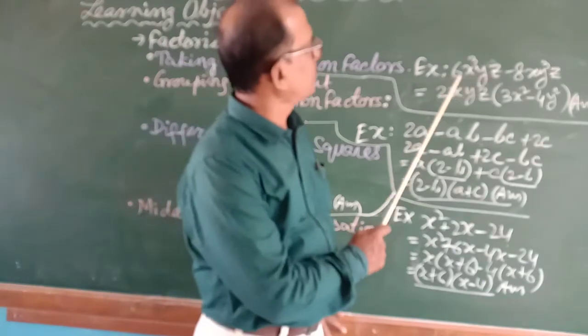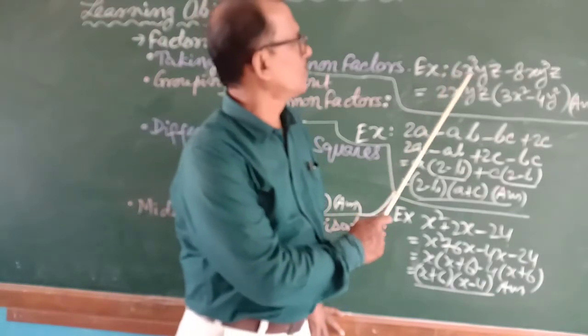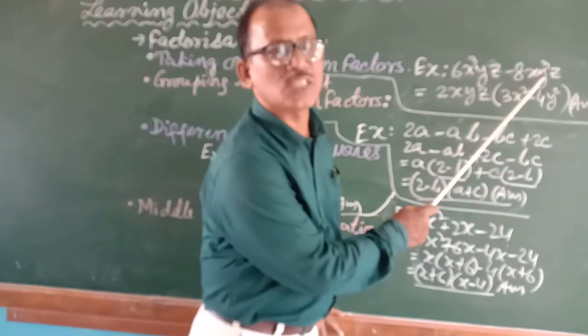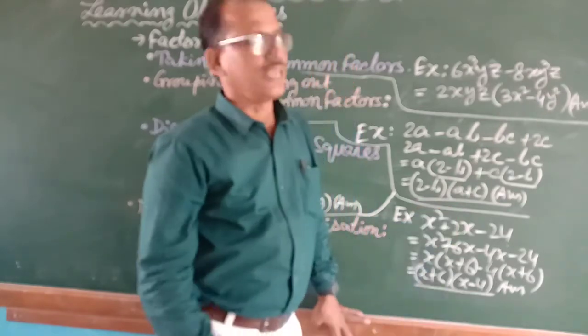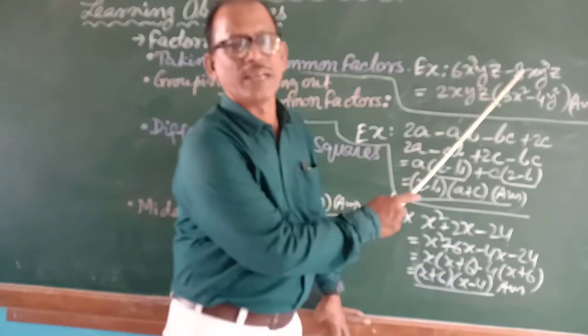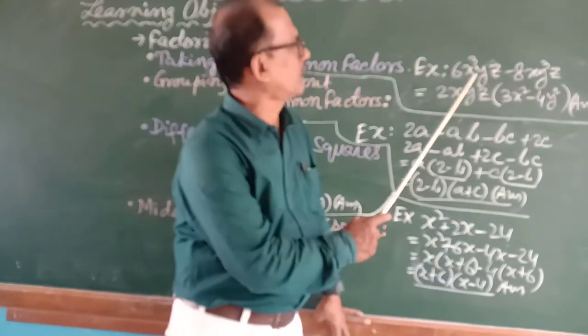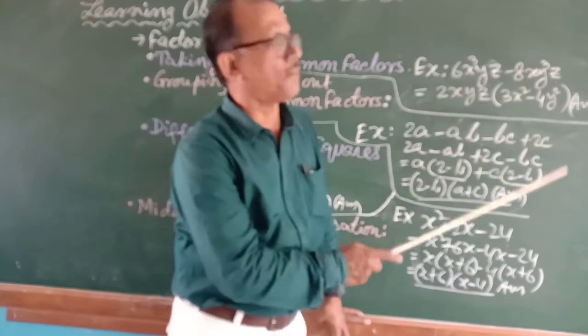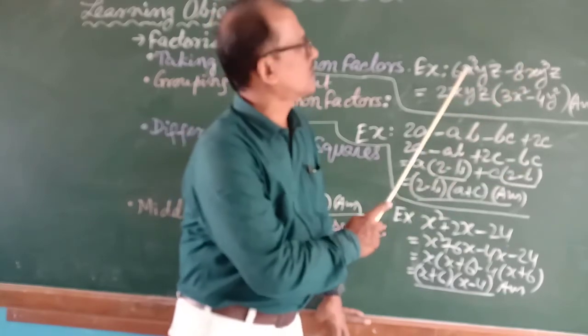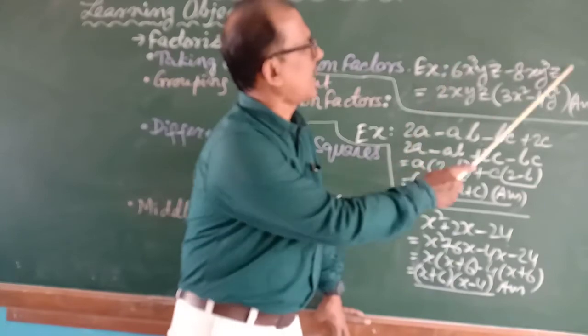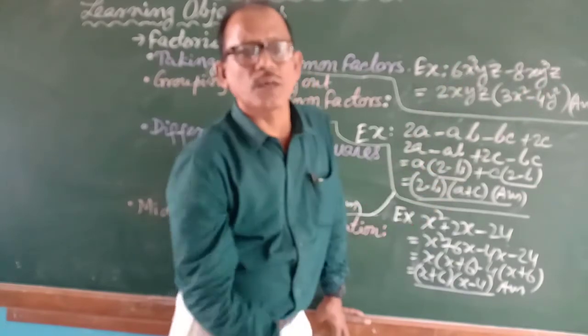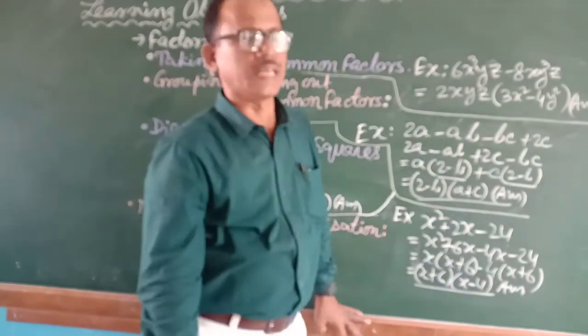I have taken an example as 6x cube yz minus 8xy cube z. This is a binomial algebraic expression in which there are two terms. In these two terms, what are the common factors? You take it out.